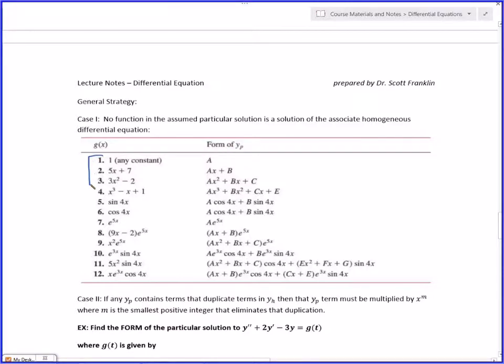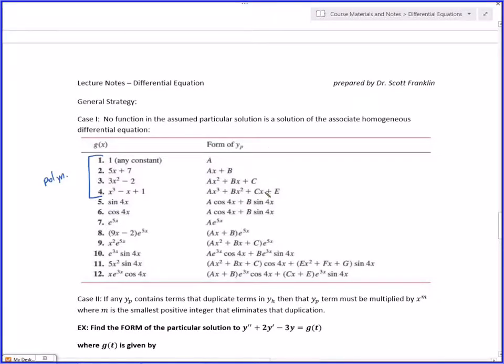The first 4 of these are pretty obvious. Those are the polynomials. If you've got a polynomial on the right-hand side, use a polynomial as your particular guess of matching degree. So if it's a constant, use a constant. If it's linear, use a linear guess. If it's quadratic, use a general quadratic guess. Cubic, use a general cubic guess.